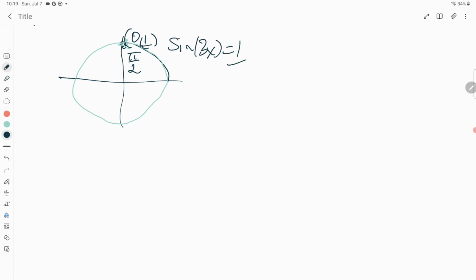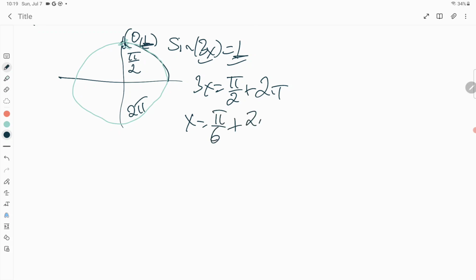This is 1, this is 1. This is an additional term of 2 pi. So the argument 3x has to be equal to pi over 2 plus 2 pi now. You've got to attach that to pi over 2 because you're back at 1 here and 1 here. So x equals, divide by 3 or multiply by 1/3, pi over 6 plus 2 pi over 3.